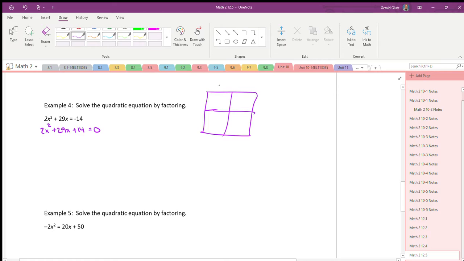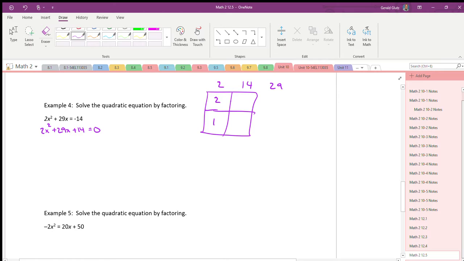So a is 2, c is 14, and b is 29. So we're all positive, so that means all positive numbers will be inside of here. This has to be 2 and 1, or you can do 1 and 2. So factors of 14 are either 7 and 2 or 14 and 1.